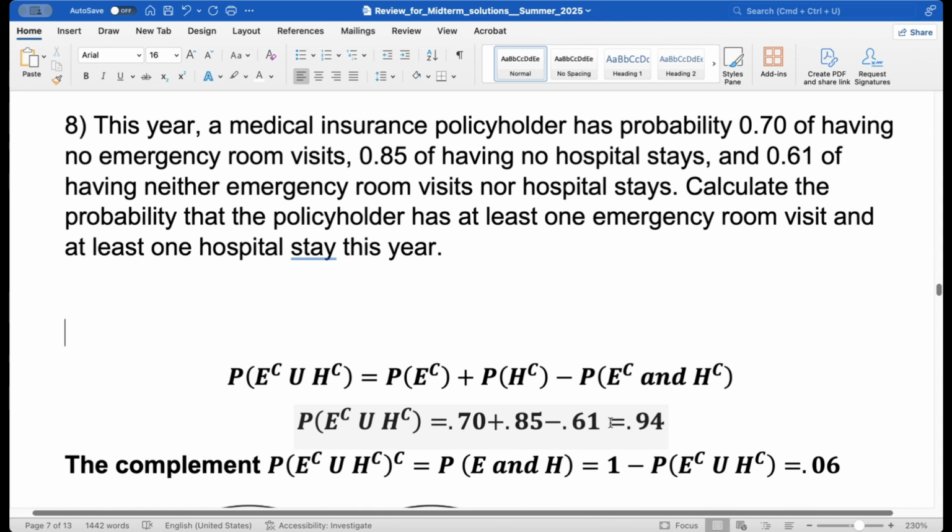The complement of E complement union H complement goes back to E and H. So E complement union H complement is missing at least one of E, H. The complement of that is having both, yes to both E and H. So 1 minus 0.94 is 0.06, and that's the probability of both an emergency room visit and a hospital stay.